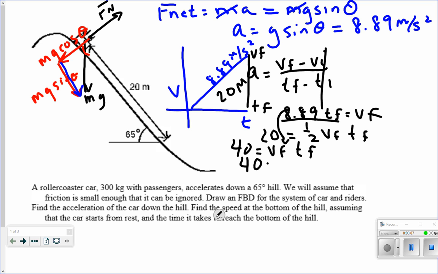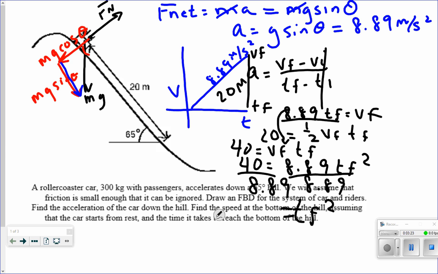So I get 40 equals 8.89 TF squared. Next, divide by 8.89 on both sides to get TF squared by itself. That is just kind of a mess. I get 4.49, and then when I take the square root of TF, I should get 2.12 seconds, and there's the second piece of my answer.